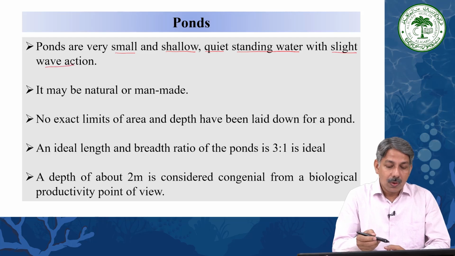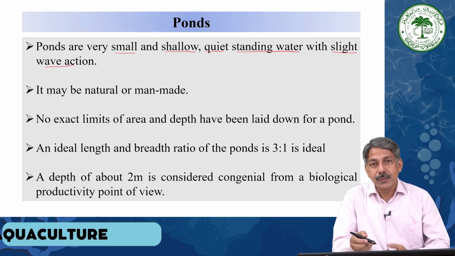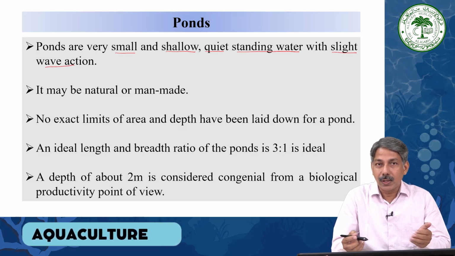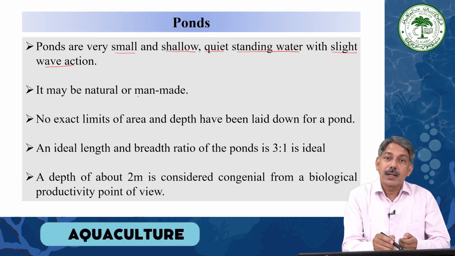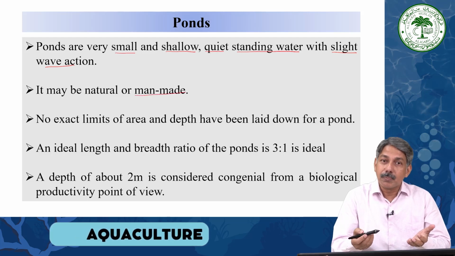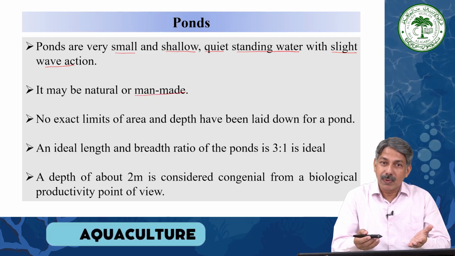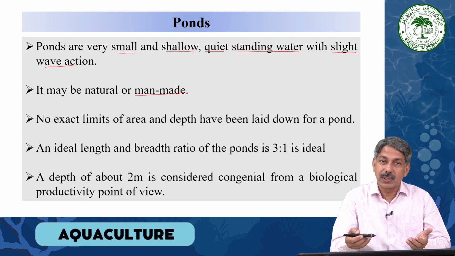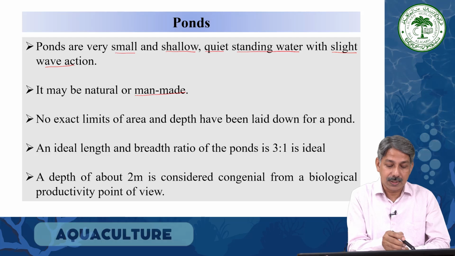It may be natural, if there is water in some confinement, then it may be called a pond. Or ponds may be constructed for various purposes, maybe as a reservoir of water for some other purpose, but for fish culture also. Nowadays, ponds are constructed mainly for fish culture.